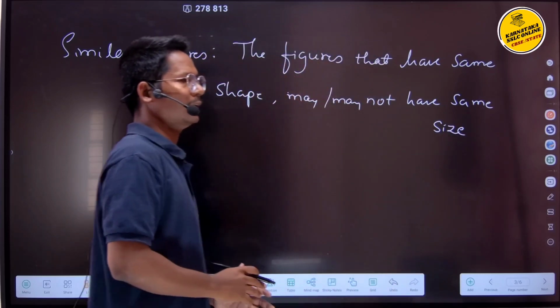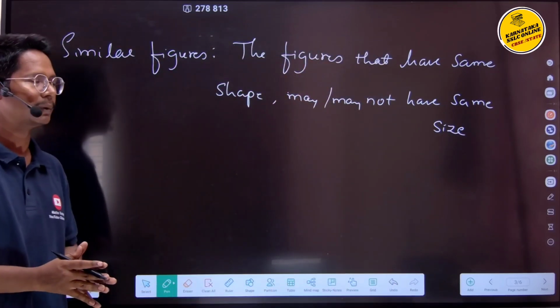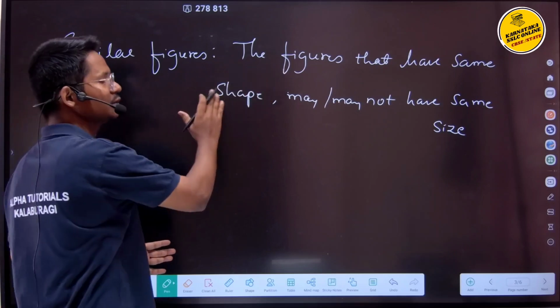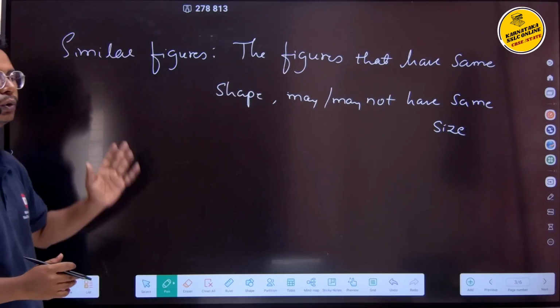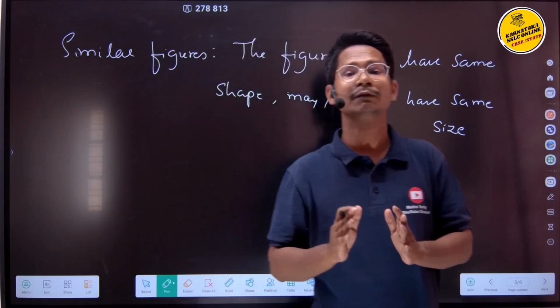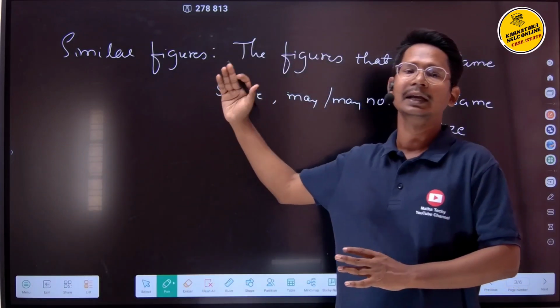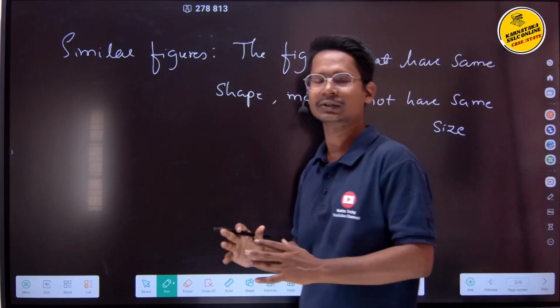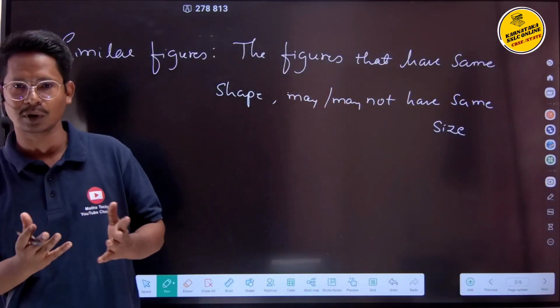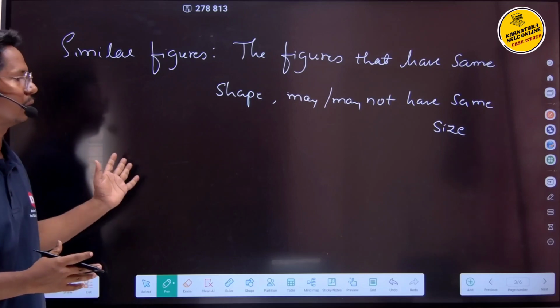When I say two figures are similar, they have the same shape but the size may or may not be equal. Similarity is applicable to all types of figures like circles, triangles, quadrilaterals, pentagons, hexagons.